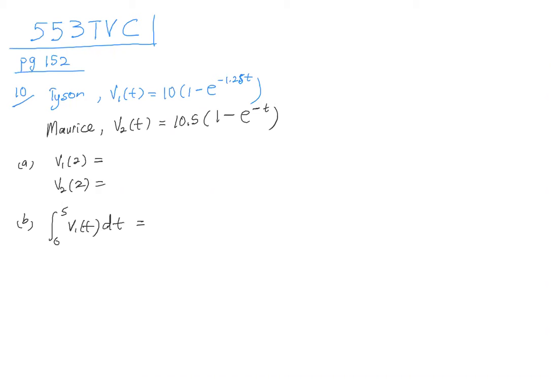Tyson. After? Instead of saying from 0 to 5 seconds, you will say after 5 seconds. That will be a better one. Because you say, who is traveling faster after 2 seconds? After 5 seconds. From 0 to 5 means after 5 seconds. Got me? So that will be the answer.